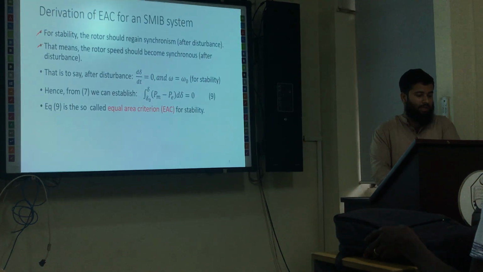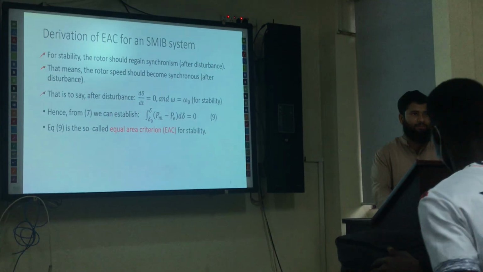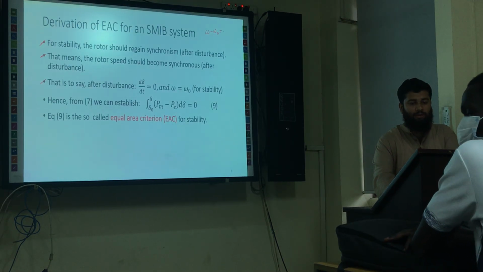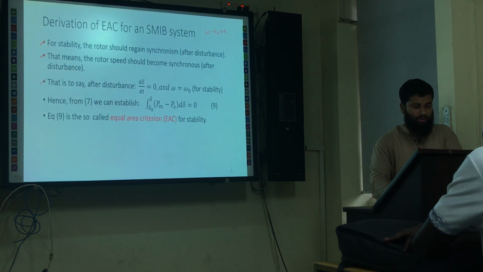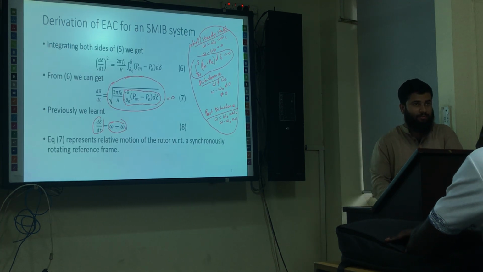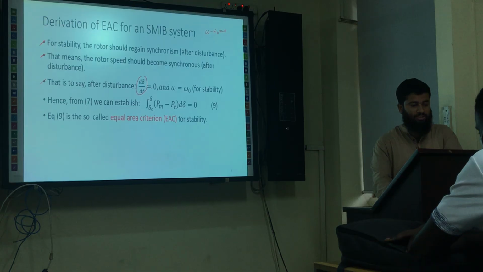Okay? That is to say that after the disturbance, the relative motion omega minus omega naught should be 0, right? That is actually d delta over dt, because this is actually omega minus omega naught, right? So this should be 0. Means that our rotor speed should be exactly equal to the synchronous speed, and we can write this thing.